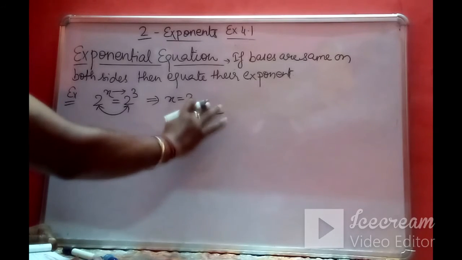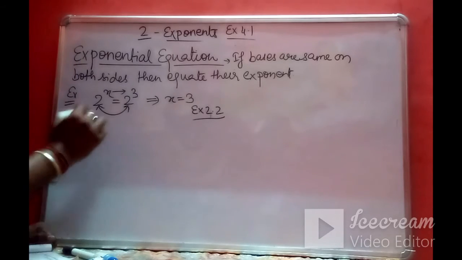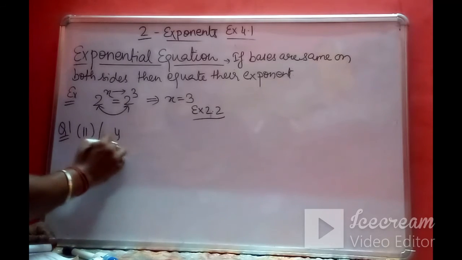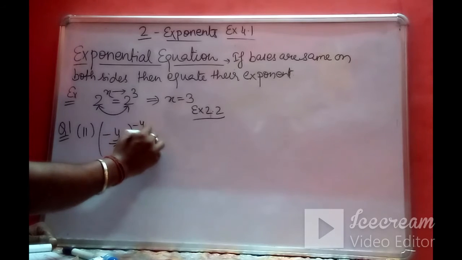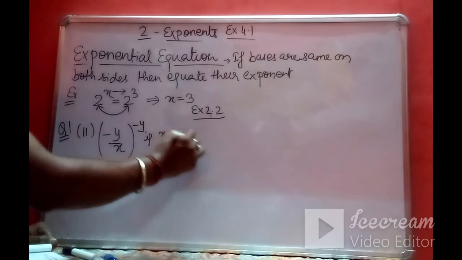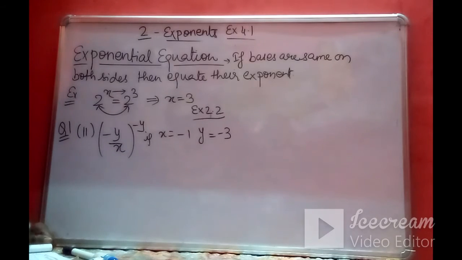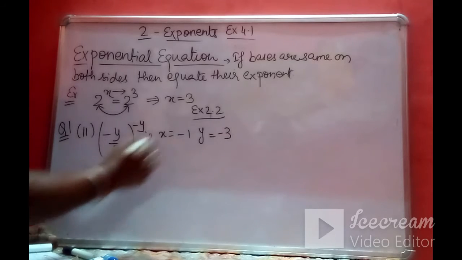Okay, so let's see exercise 2.2, question number 1. It is minus y upon x raised to the power minus y, and x equals minus 1 and y equals minus 3. Okay, so in this we will simply put the values. So what is y?